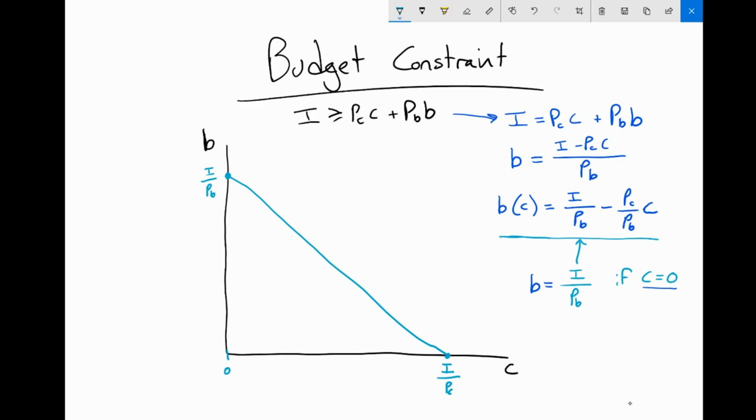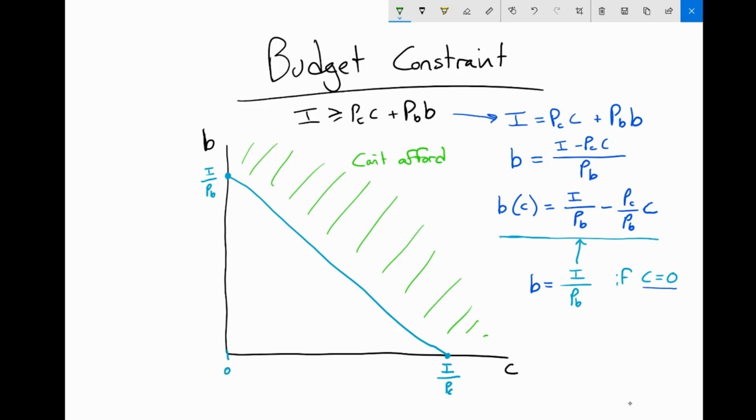No one can afford to buy any bundle of bagels and coffee that is beyond this line. We can't afford any combination of bagels and coffee beyond this line.